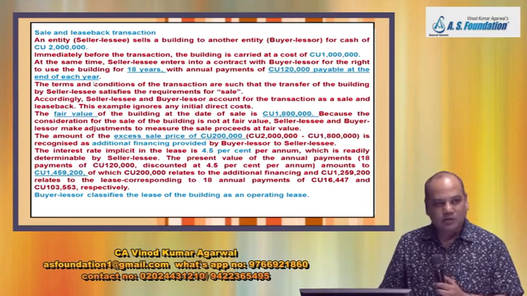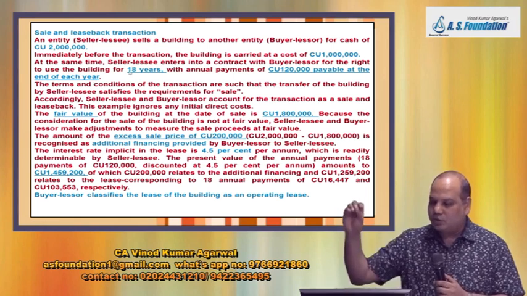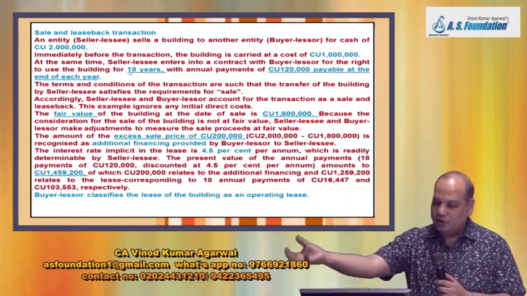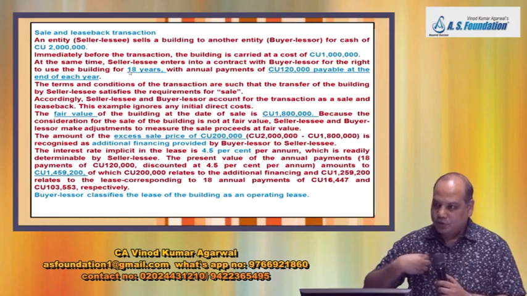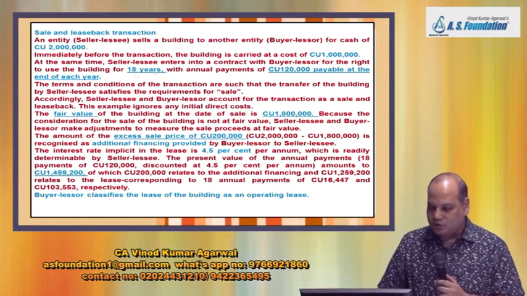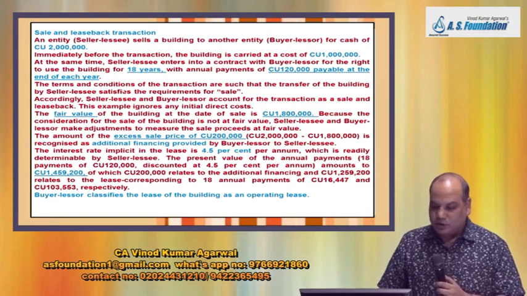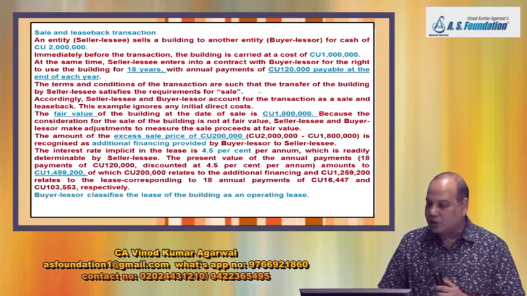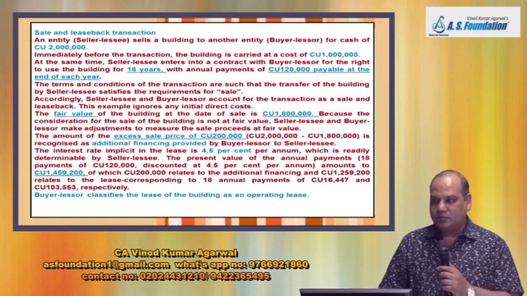Is the arrangement clear? I will sell it to you for 20 lakh. I will lease it from you for 18 years and I will pay you 1,20,000 each year at the end of the year. The terms and conditions of the transaction are such that the transfer of the building by seller lessee satisfies the requirement for sale.